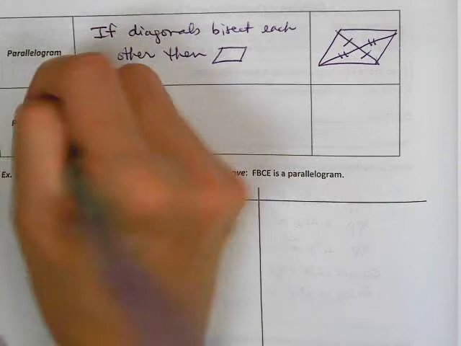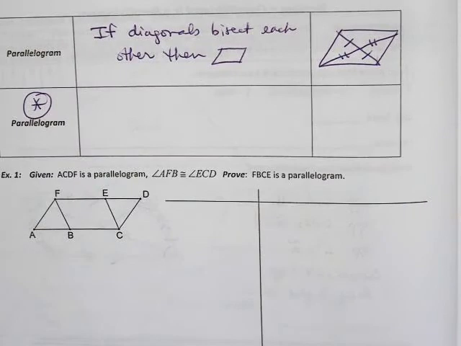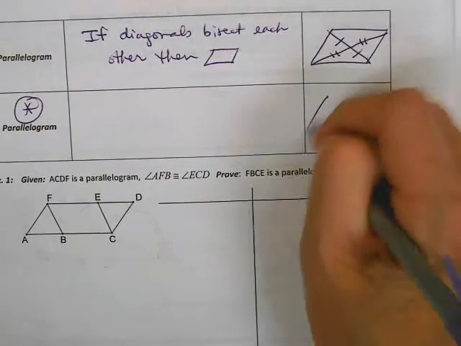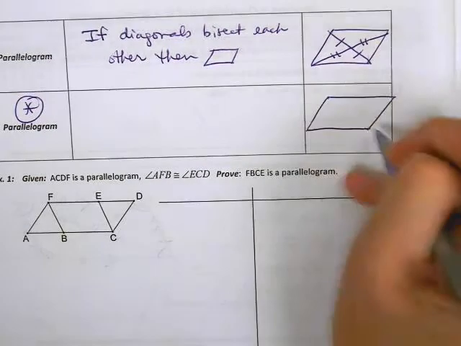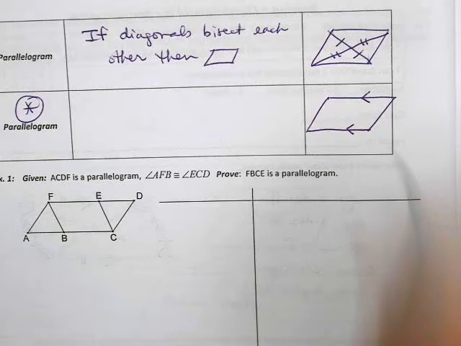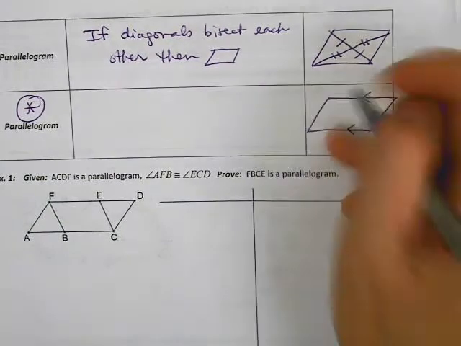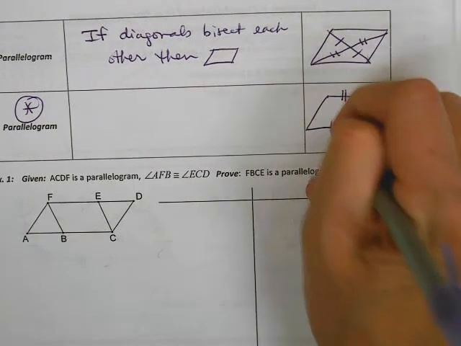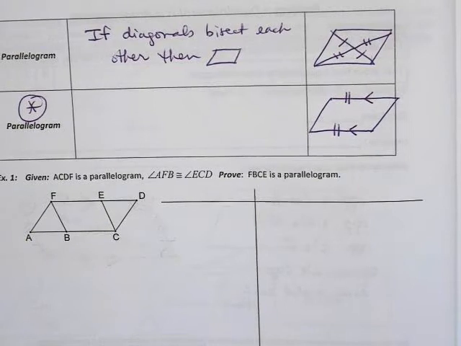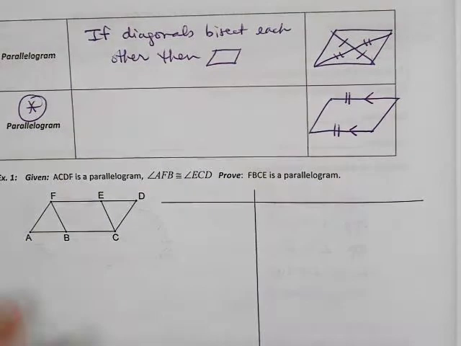I'm going to put a star here, right, because it's the one that we kind of forget, but it's often very useful. I'm going to draw it for you first. If I have a quadrilateral and I have one pair of sides parallel and I have that same exact pair congruent, that's going to be enough to say it's a parallelogram.